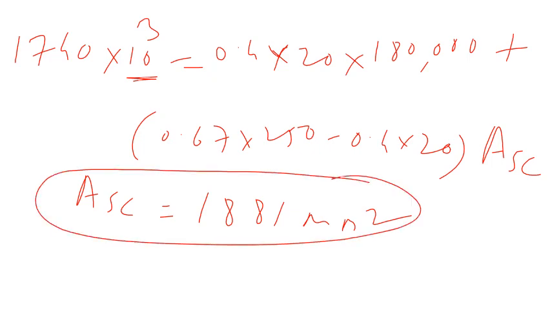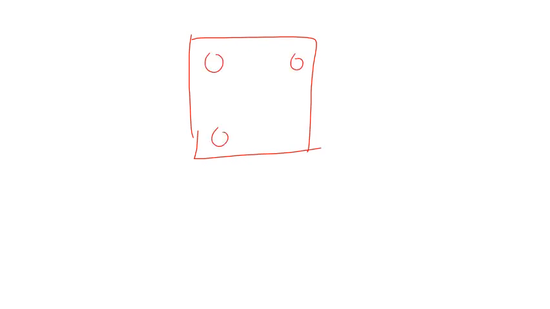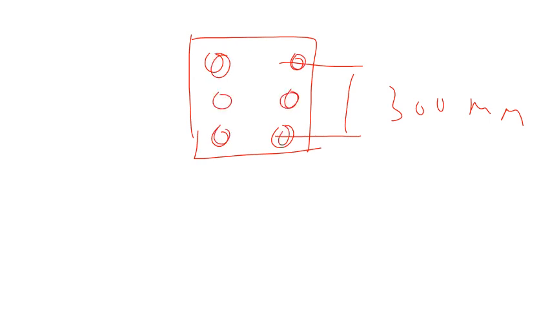Now the question is how to arrange this area, or how to provide this area. The condition is that the distance between two successive longitudinal bars should not be more than 300 mm. So instead of providing 4 longitudinal bars at the corners, make it 6, right, in 3 rows.